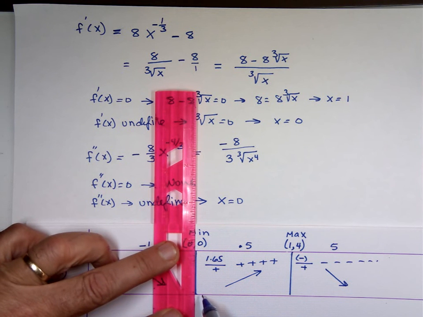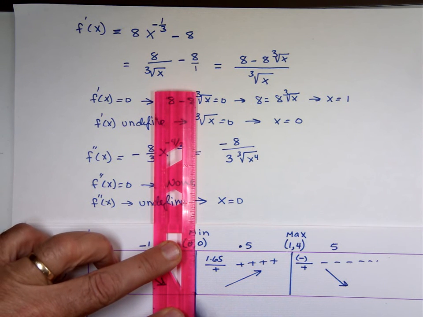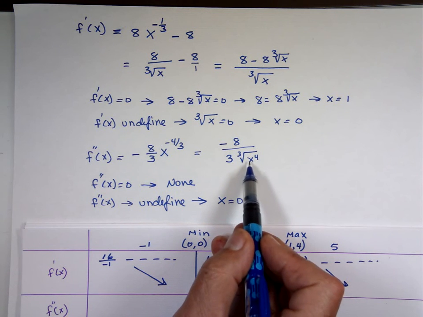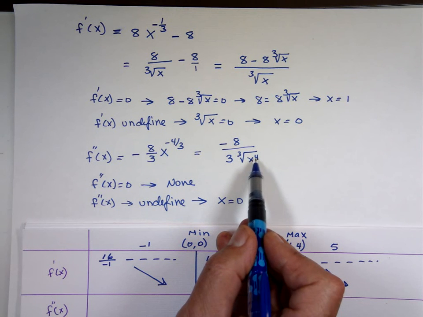Extend that line. We'll use a -1 for a test point and a +1. Think about this. You have a number. It doesn't matter. It's positive or negative. When you raise it to the 4th power, what's going to happen to it? Positive, right? What is the cube root of a positive number? Positive times 3, that's a positive.